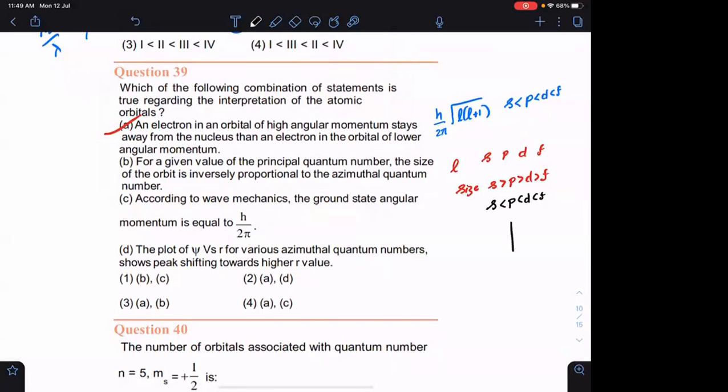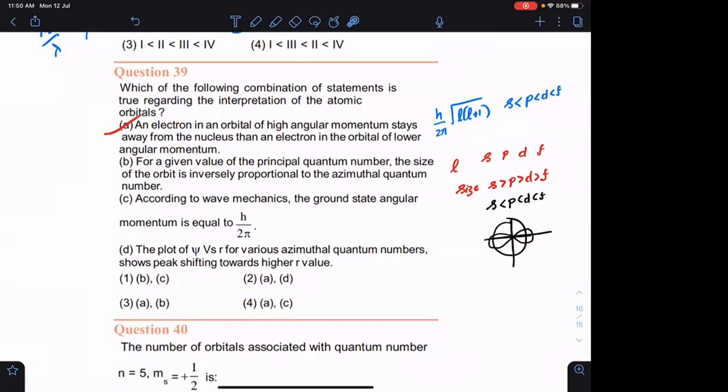Actual में हम draw कैसे करते हैं? This is how we show. शो करते समय इसको s बोल के and इसको p कहते हैं ना. But in reality, the p is slightly larger when compared to s, and the d will be even larger when compared to p. इसलिए penetration power में हम ऐसा कुछ बोलते हैं, s is more penetrated towards the nucleus when compared to p, when compared to d, and so on.